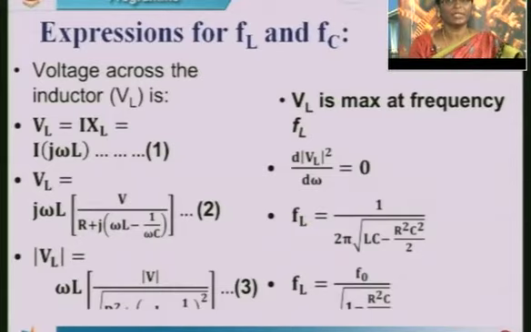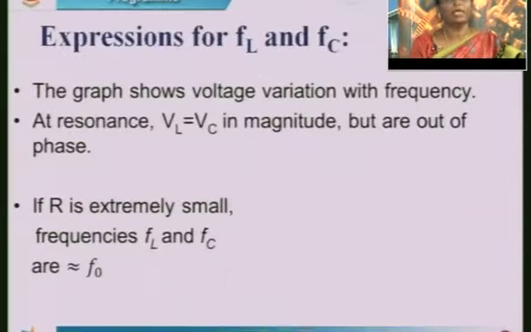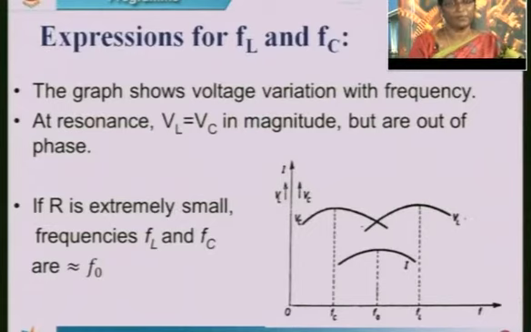Now we can check this variation, because this graph indicates the variation of voltage across the various components of the series circuit with frequency. So it is a plot of VL, VR, VC and the current. As the frequency is varied, at resonance VL equals VC in magnitude, but they are out of phase.